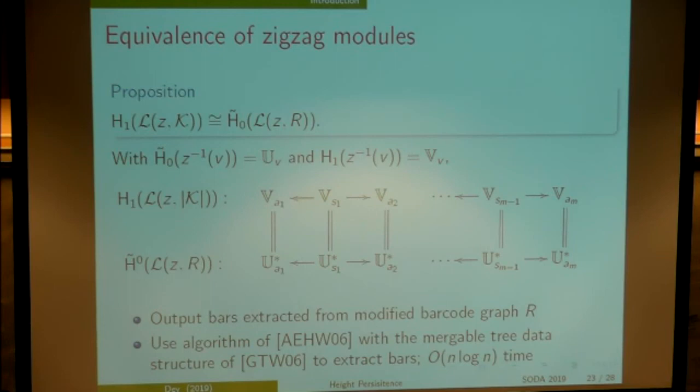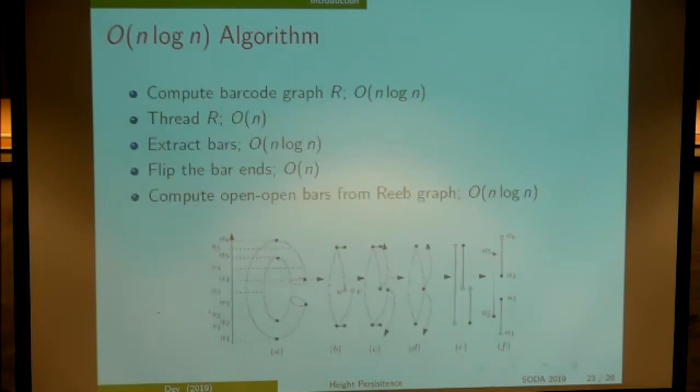Although for n log n time you have to employ another advanced data structure called mergeable trees. If you don't employ that, then I think you can do it in n log square n or something. I forget. Okay, so that completes at least this n log n algorithm.